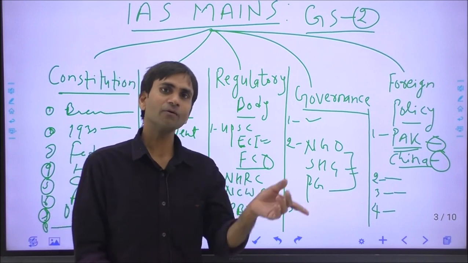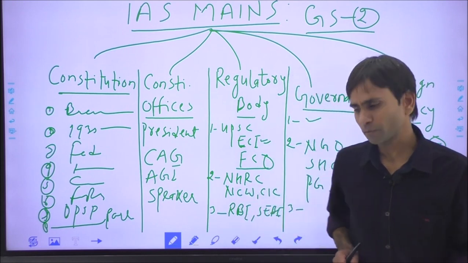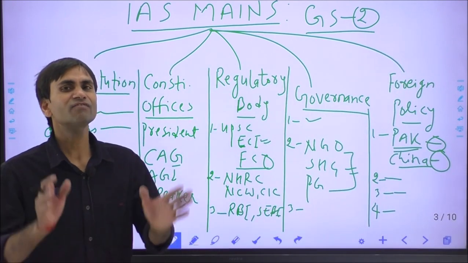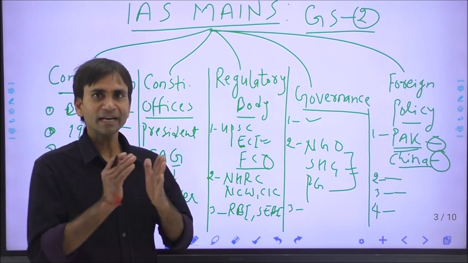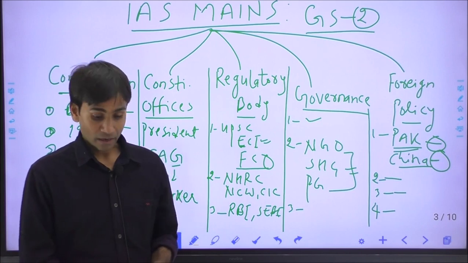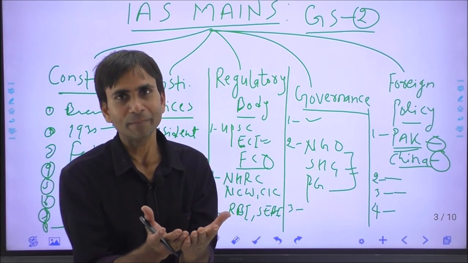UN, then World Bank, the role of the World Bank. The World Bank mainly provides funds for infrastructure, and India has received a lot of money from the World Bank. The World Bank publishes an annual report, the World Development Report.